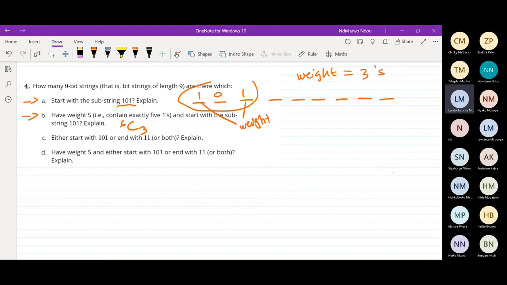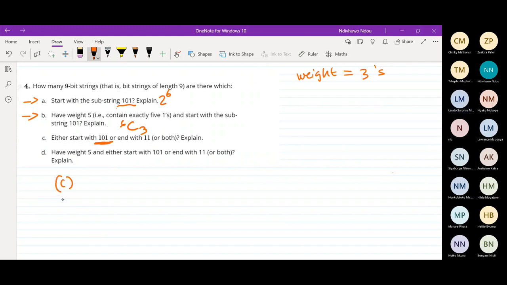Either start with a 101 or end with a 11. We are already given that we have a bit string of length 9, so we put 9 spaces, and we start with a 101, and then we have another 9 spaces and end with a 11.